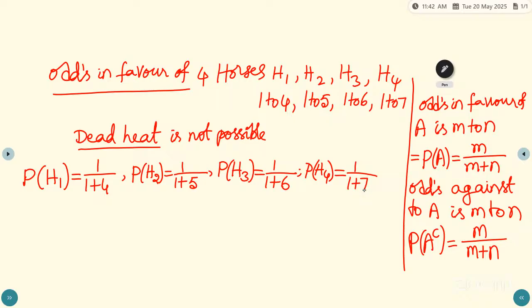If two or more than two horses win the race.